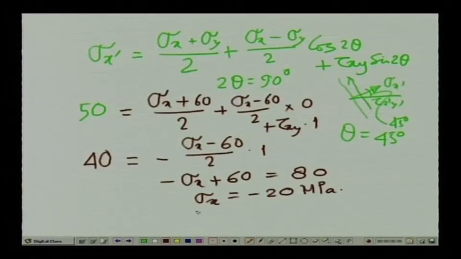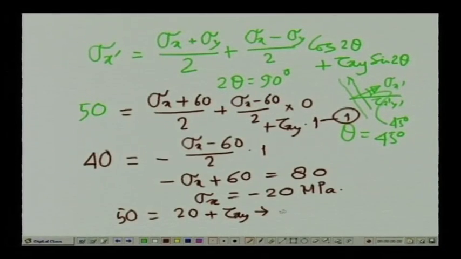Now, if sigma x is minus 20, we substitute it in equation 1. Minus 20 plus 60 is 40, 40 by 2 is 20. So 50 equals 20 plus tau x y, and thereby tau x y is equal to 30 MPa, which is of course obvious, being the shear stress component on the horizontal plane.